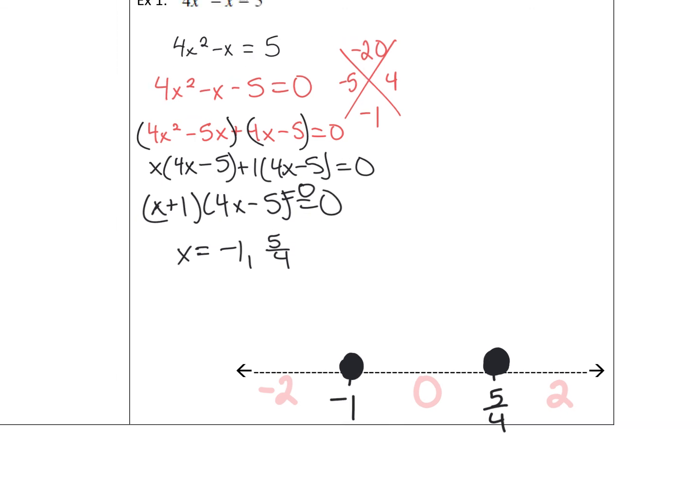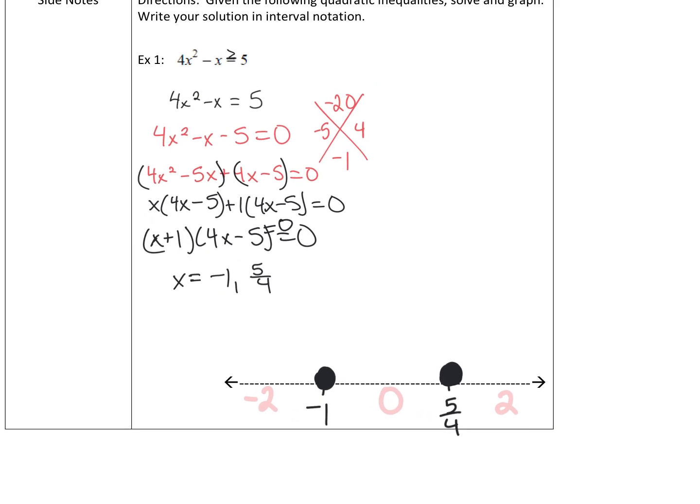Okay, so we've got 3 different numbers, and now here's all we have to do. We go back up to the original problem, and everywhere there's an x, I'm going to plug in that number for each one and see if this makes a true statement. I'll do the first one for you. 4 times negative 2 squared minus negative 2 is greater than or equal to 5.